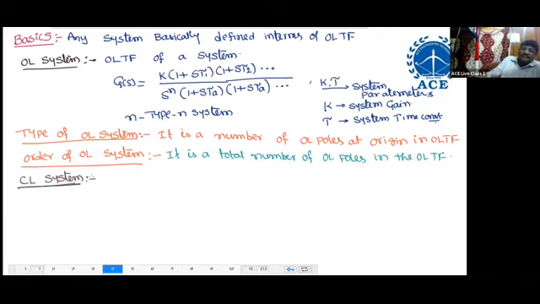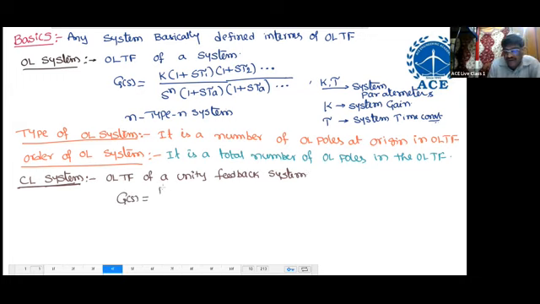So closed loop system is defined as what? The open loop transfer function of a unity feedback system, that is G of S equals K into 1 plus S tau.